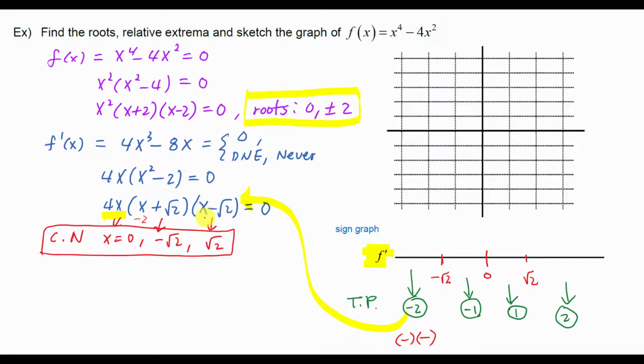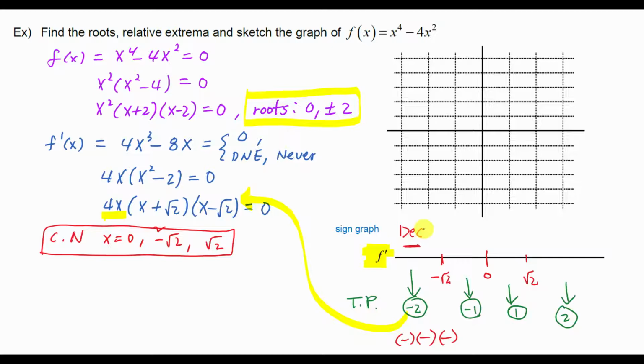And then if you plug negative 2 here, negative 2 subtract radical 2 will give me a negative number. So when I multiply 3 negatives, I'm gonna get negative, which means original f will be decreasing on this interval.